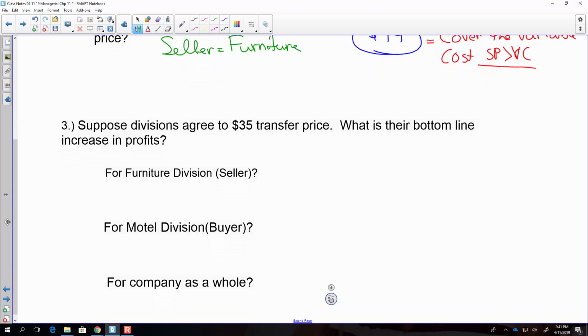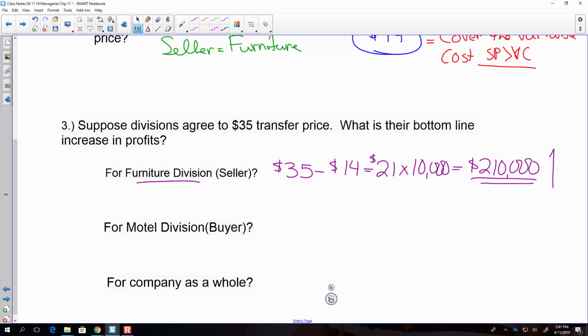And that's kind of the analysis that we want to get to here. So what is their bottom line increase in profits for the seller, which is the furniture company? Well, I'm getting a selling price of $35. I have costs of $14 that are variable. That means on those I'm making $21, right? And I have to sell 10,000 to my division, which gives me a $210,000 profit.